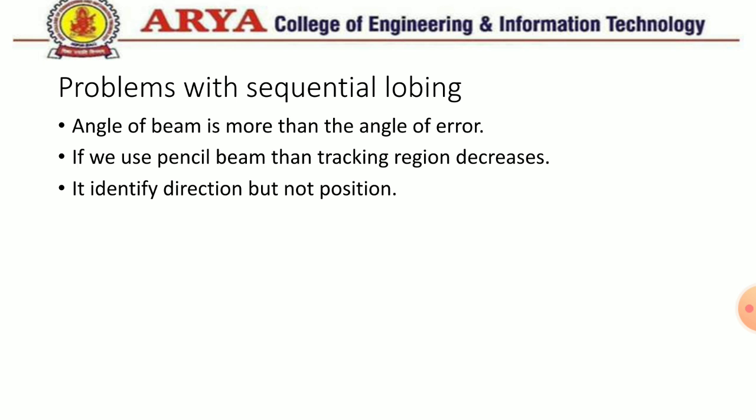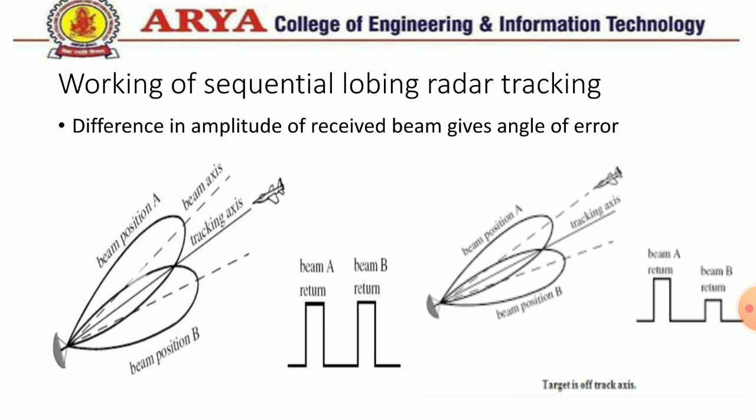So what are the problems with sequential lobing? Let us see those problems. One is that the beam angle is more than the angle of error. You can remove this problem by selecting a pencil beam.